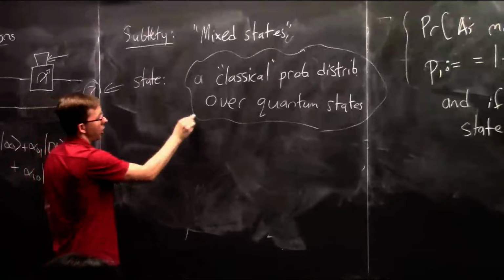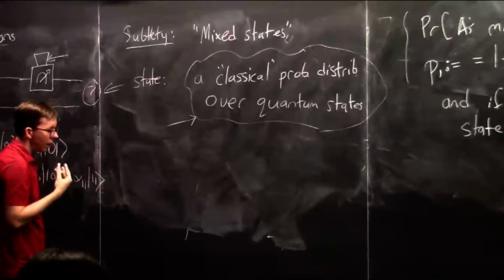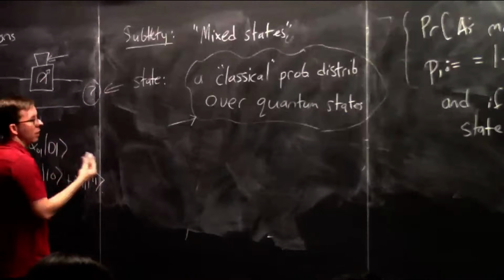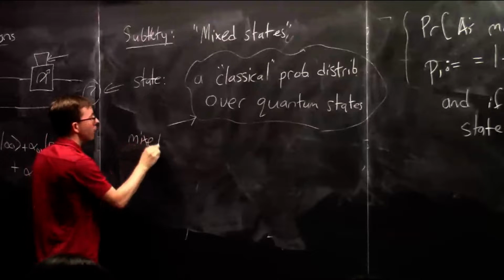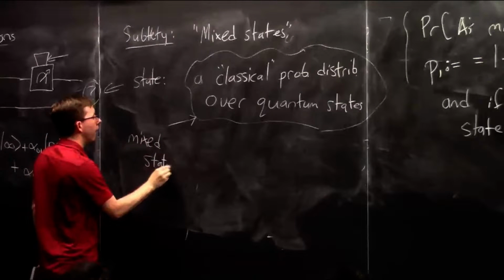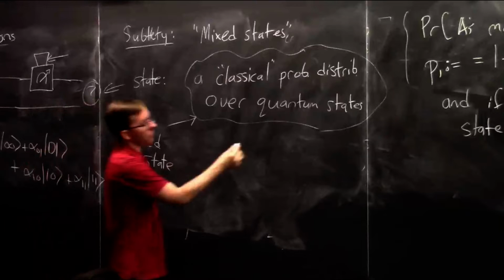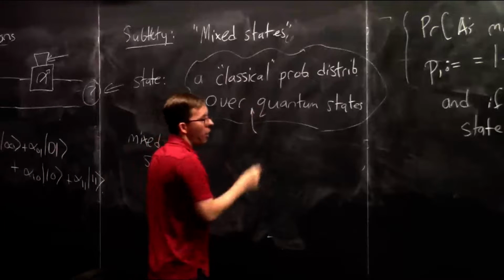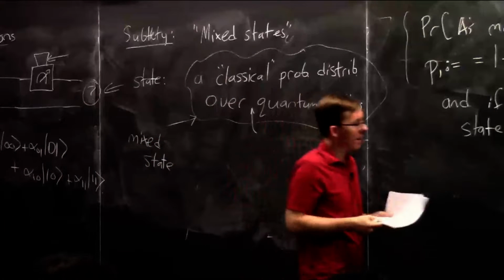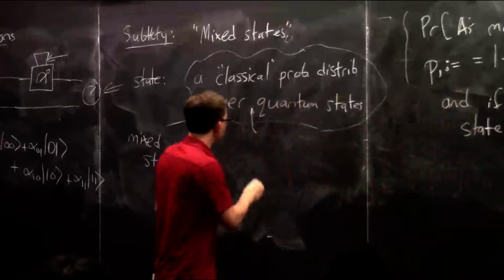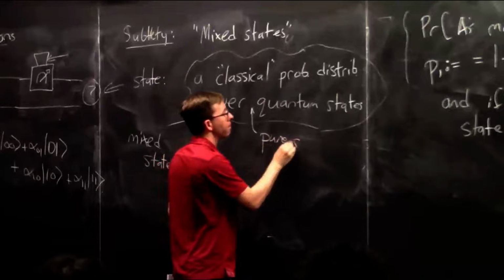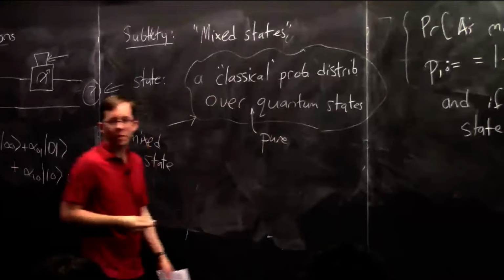And this kind of object comes up a lot eventually in the study of quantum mechanics and quantum computing. It's called a mixed state. And the things that so far we've been calling quantum states, like a superposition over basis states, are called pure states, a pure quantum state.